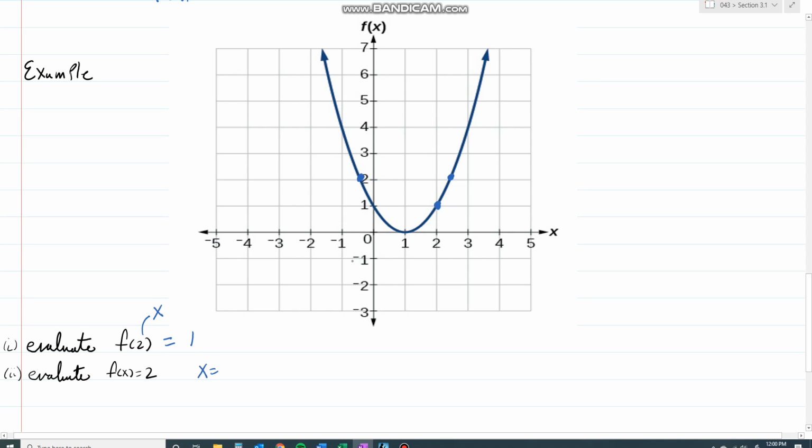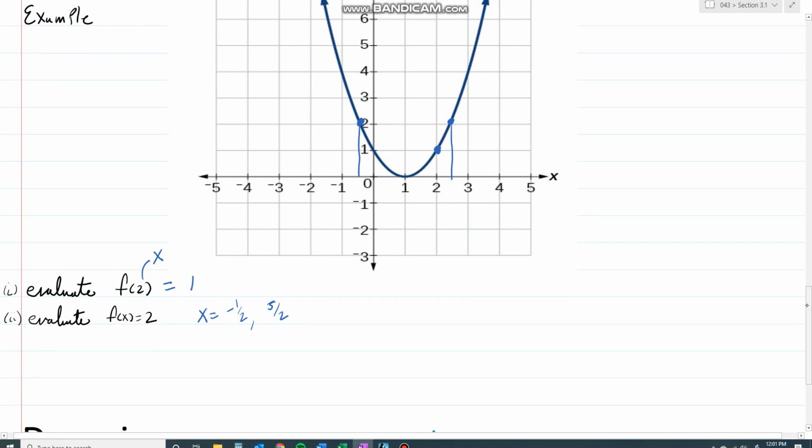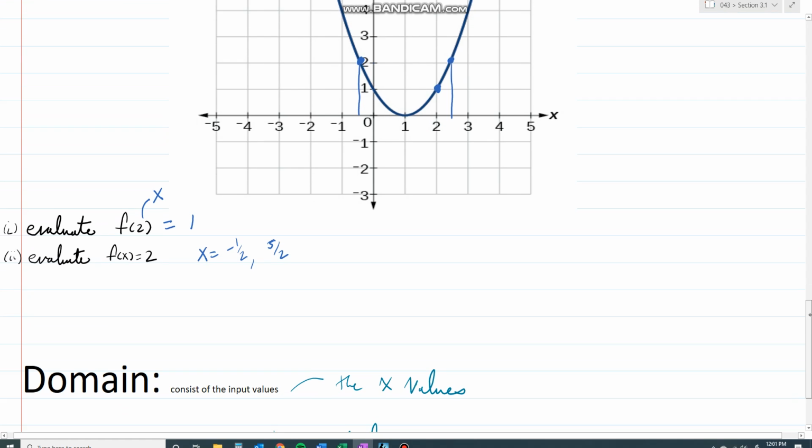I'm going to say that x would equal, let's say, negative 1/2. And for this one, let's say 2.5, or 5/2. That's probably roughly right there. In chapter 5, we're going to dive really deep into that idea and start pulling that apart. But for right now, we're just looking for what the x value would be and what the y value would be.